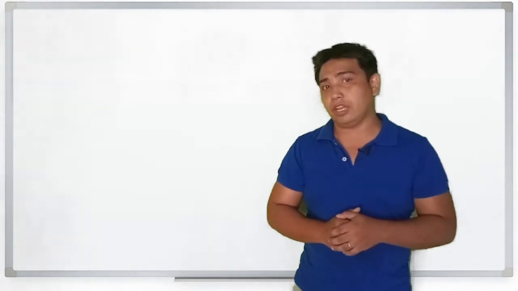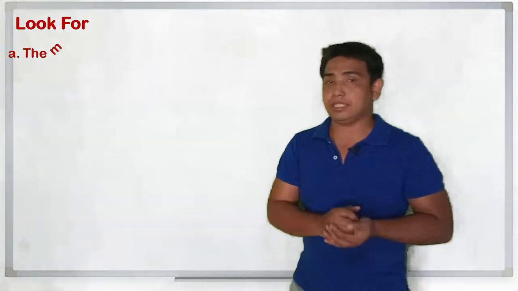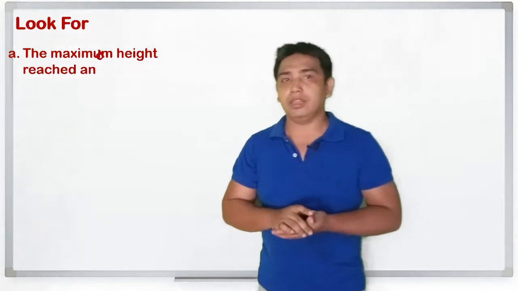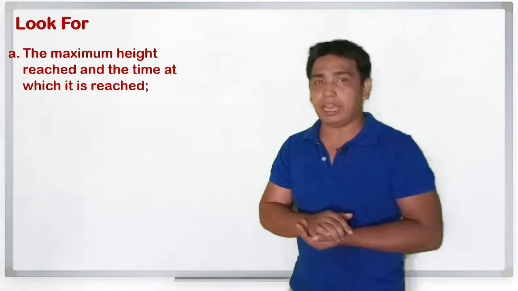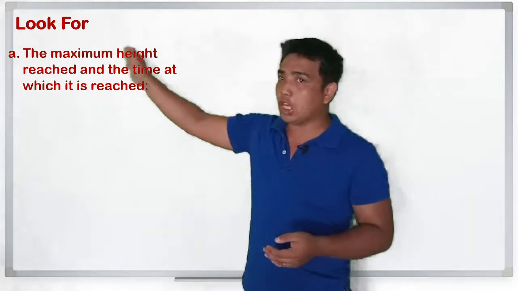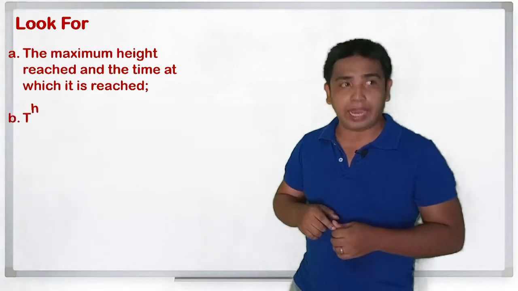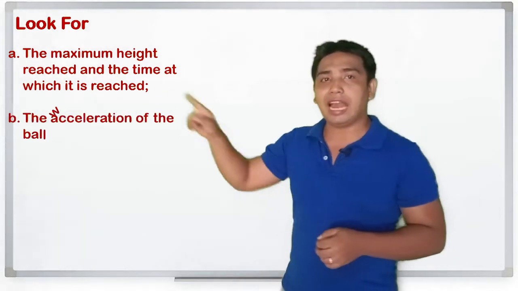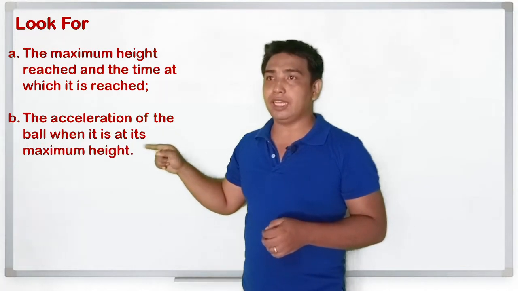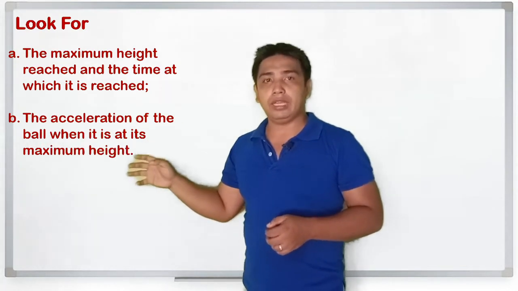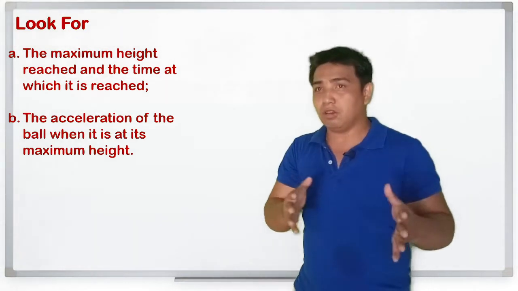Based on this scenario, we are asked to find the maximum height reached by the ball, and how much time it takes for the ball to reach the maximum height. In part B, we are asked to find the acceleration of the ball at its maximum height, to determine if it is positive, negative, 0, or undefined.